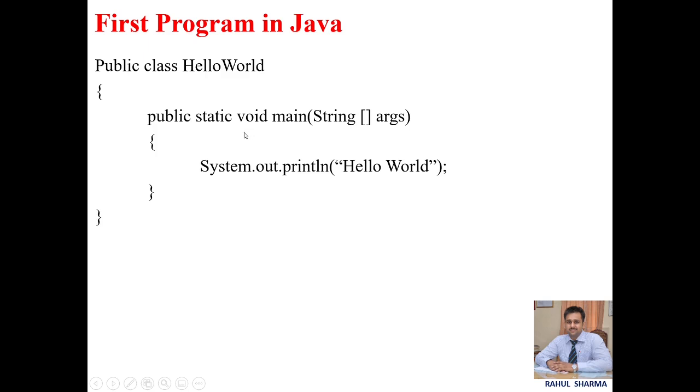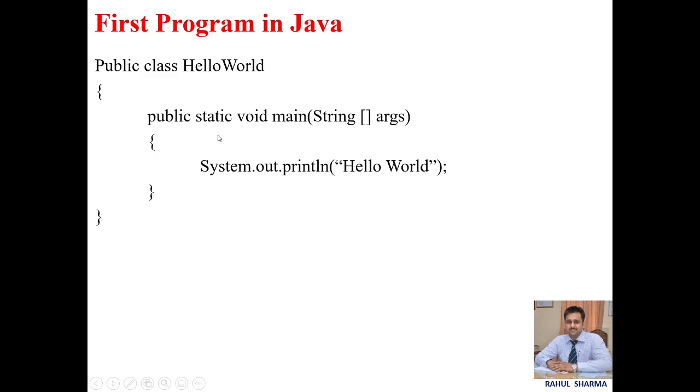So when we want to call this main function, the class name is enough and an object is not required. The main function is called by JVM using this class name. Void means this function will not return anything.